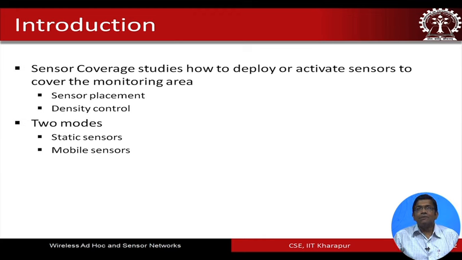At one place maybe a dense deployment, at another a sparse deployment. In order to avoid it, you have a homogeneous kind of distribution of the nodes, so that the density is homogeneously controlled in that particular area of interest.